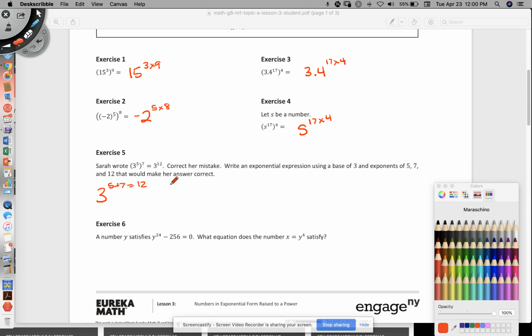So her mistake is Sarah added 5 and 7 when she needed to multiply.